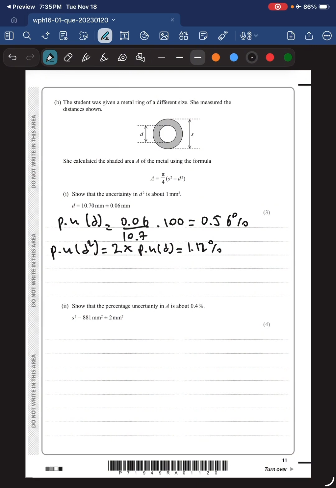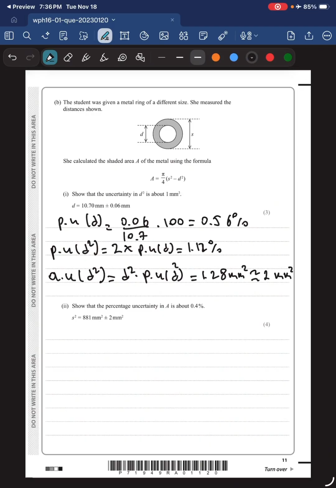And to convert percentage uncertainties to absolute uncertainties, we do the following. The absolute uncertainty in d squared is equal to d squared itself times the percentage uncertainty in d squared. If we do that, we find 1.28 squared millimeters, which is about 1 squared millimeter.